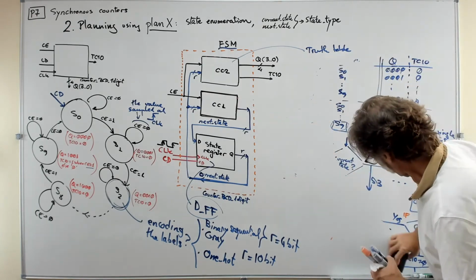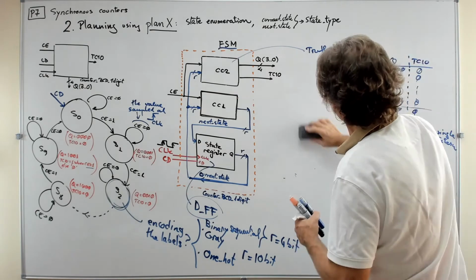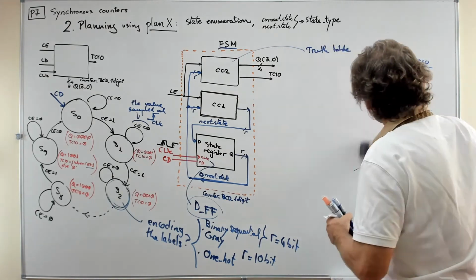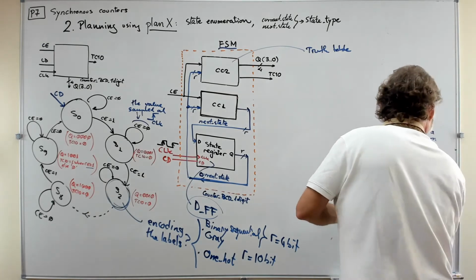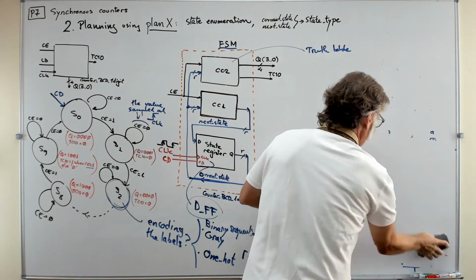Let me just show it to you for some states, because you have the great advantage of using labels and being able to go one state at a time to the end.